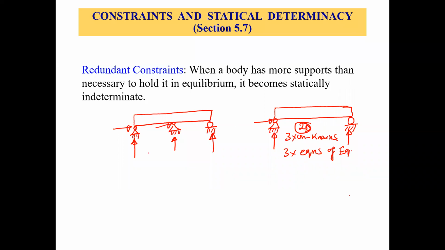So we have 5 unknowns and 3 equations of equilibrium. The number of unknown support reactions is more than the number of equations available, so it is statically indeterminate. We cannot solve this just by using statics.